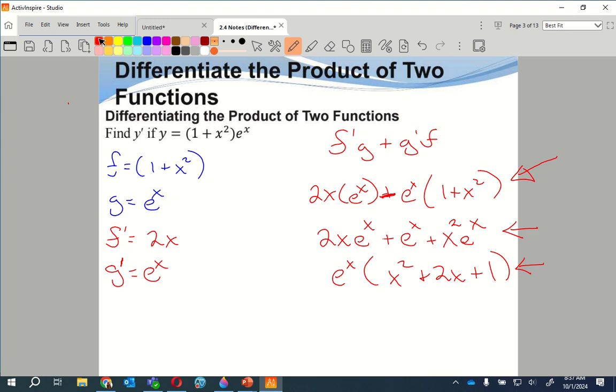So this is the correct answer, but that's not one of your multiple choices. This one here is also the correct answer, but that's not one of your multiple choices. This one down here, correct answer, you would see something like this as one of your multiple choices. Does that make sense? Because you have to go through and continue to be able to get your correct answer in the same format to match their multiple choice.